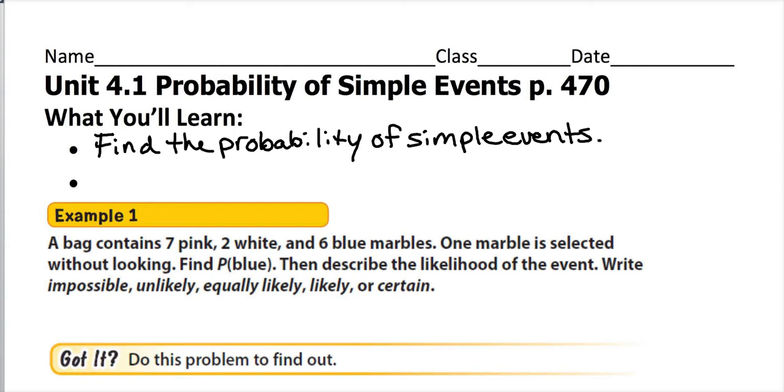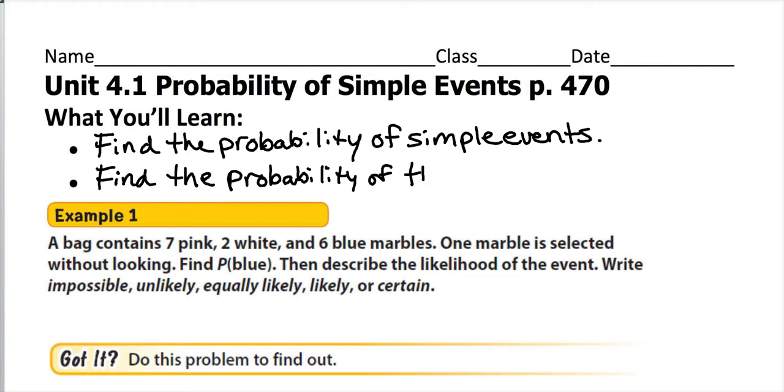And we're going to find the probability of the complement of an event.